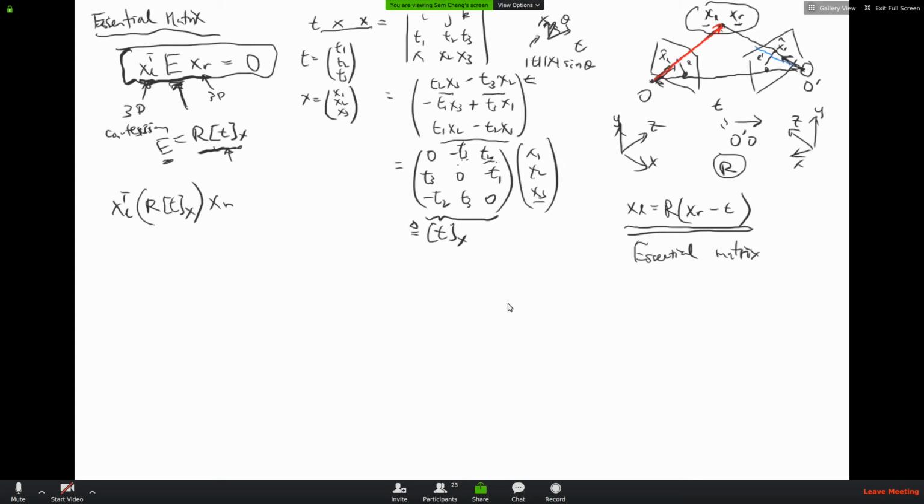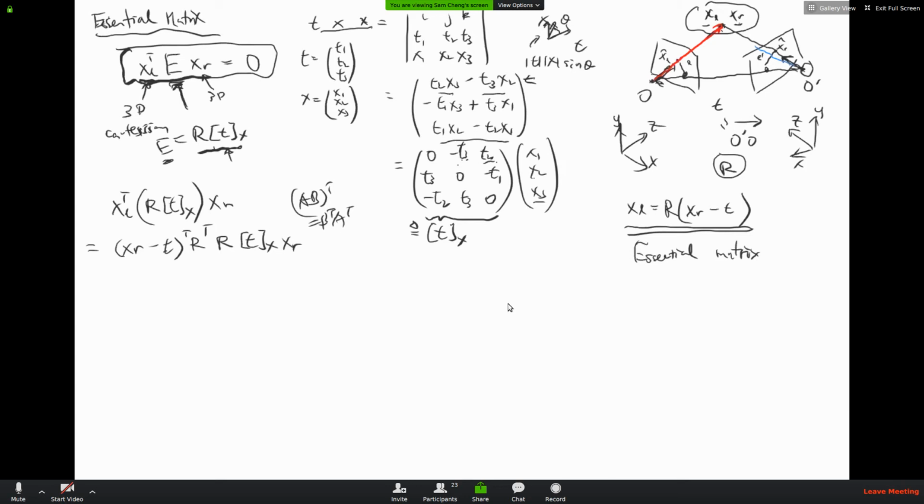So therefore this one is equal to xr minus T transpose R transpose, right? Because (AB) transpose is equal to B transpose A transpose. Multiplied by R, multiplied by Tx, multiplied by xr, and R is a rotation matrix, right?